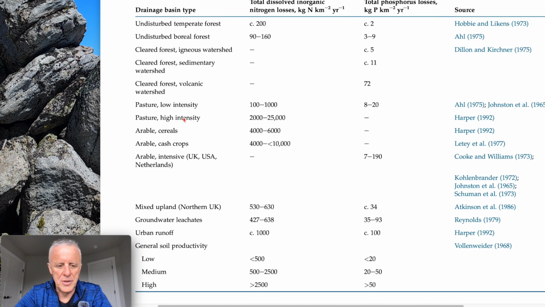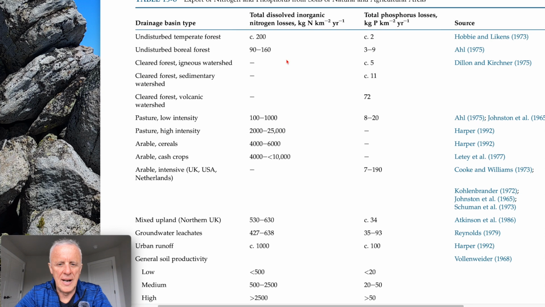For example, high-intensity pastures have very high nitrogen inputs. And in terms of phosphorus, I don't think there's any data for it. Arable lands, such as lands that are used for cash crops, there as well we have total dissolved inorganic nitrogen losses of 4,000 to 10,000 kilograms of nitrogen per kilometer squared per year.